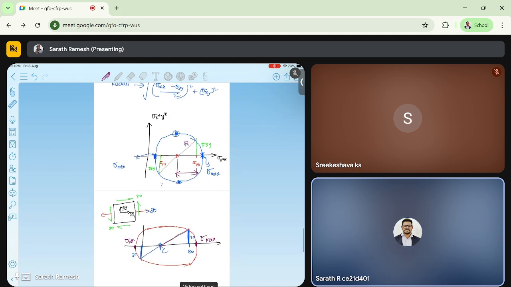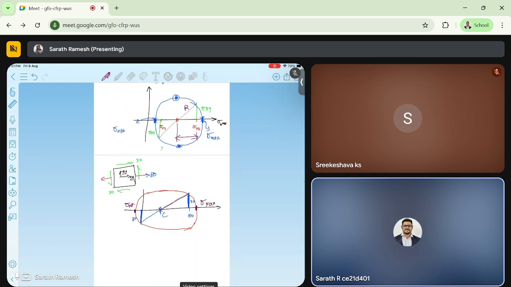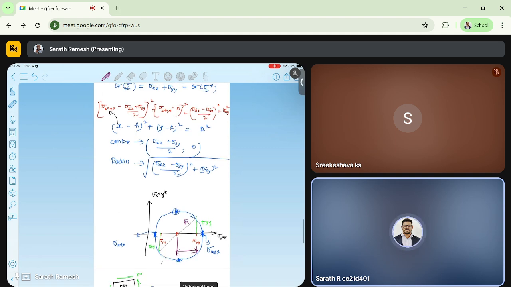Now let's go to the extremum stresses problem. We are given a stress state and we are asked to find a few things: the magnitude of the principal stress, the orientation of the principal plane, and the magnitude of the shear stress. For all these, we can do the same thing analytically also.